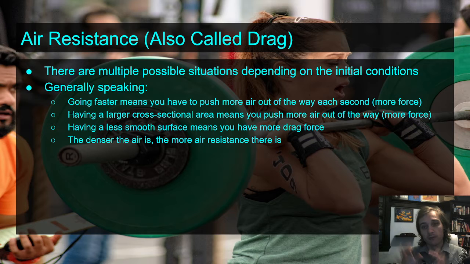So that also means that if you have a larger cross-sectional area, meaning, if I take this calculator, this has a larger cross-sectional area than this, because if it's coming towards you, this has to push a greater volume of air.